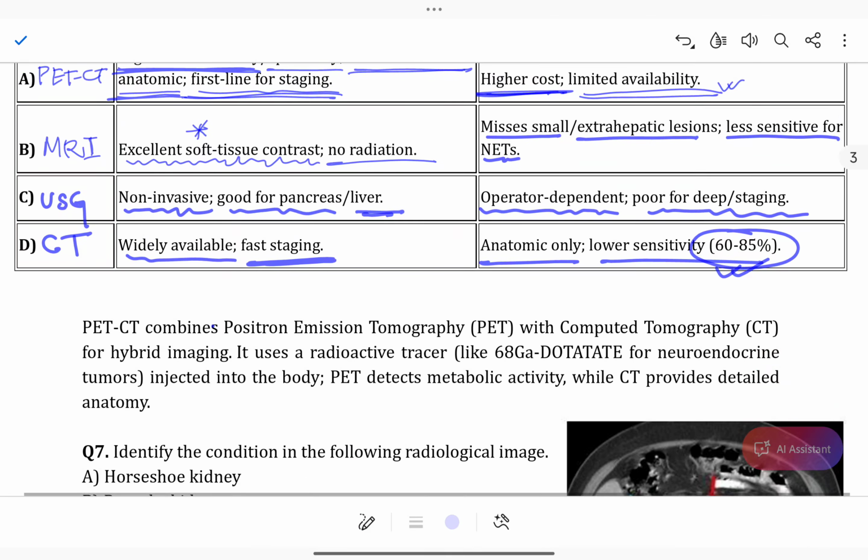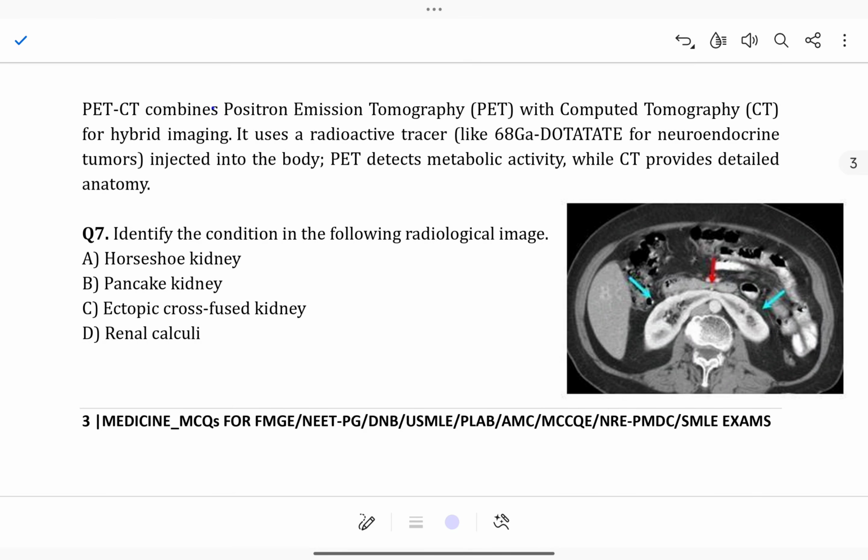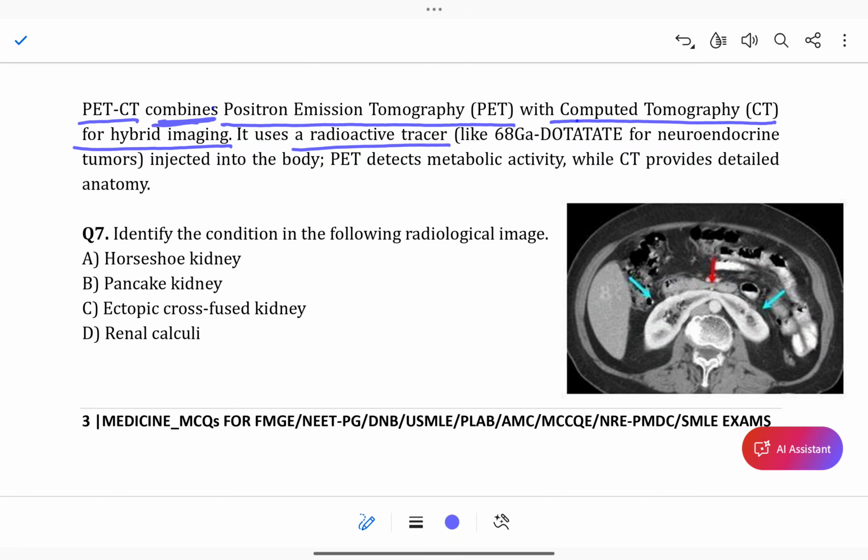Okay, come to this point. Very important, informative point: PET-CT. What is PET-CT? It combines positron emission tomography, that is PET, with computed tomography, that is CT, for hybrid imaging. It uses radioactive tracers like 68Ga DOTATE for neuroendocrine tumors, injected into the body.